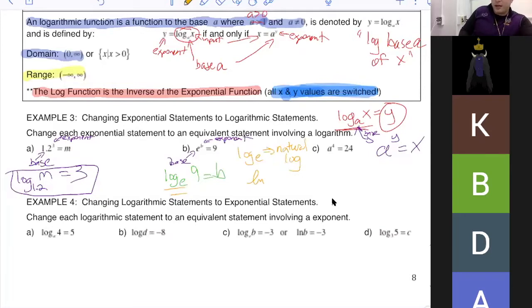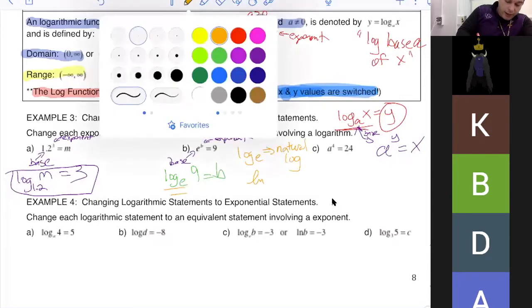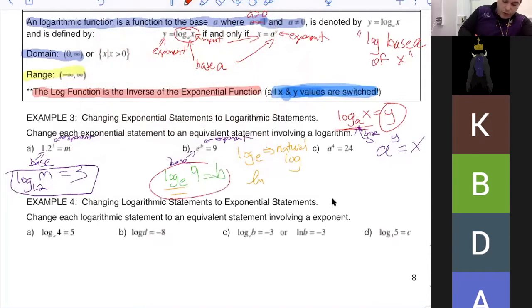Instead, we write natural log, ln. So this problem is better represented by ln of 9 is equal to b. That's the correct way that we write log base e. So it's ln, not log base e, right? That's something you'll see, and it'll take some getting used to.